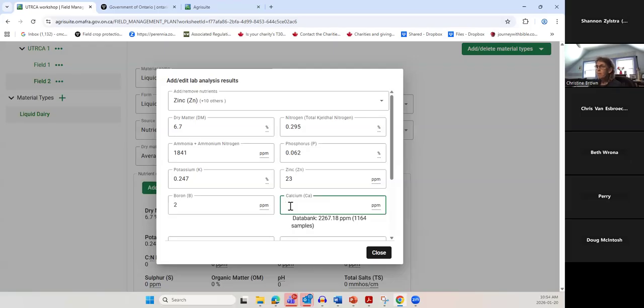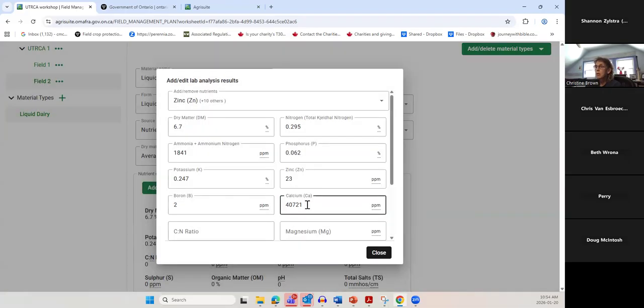So to go from percent to parts per million, you multiply by 10,000. So basically 4.07 suddenly becomes 40,721 parts per million.